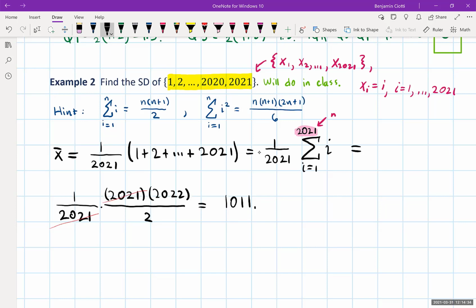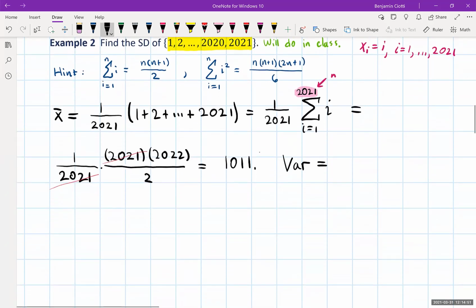Okay, so I can now proceed to calculate the standard deviation. I will first find the variance, and then I'll take its square root. So the variance is going to be, okay, this is going to be a long equation.